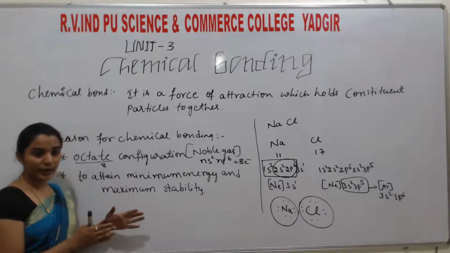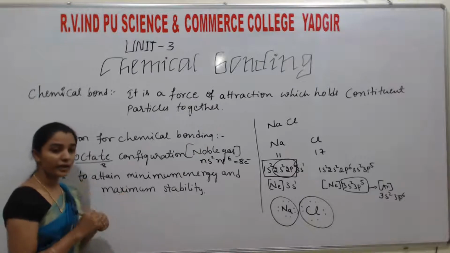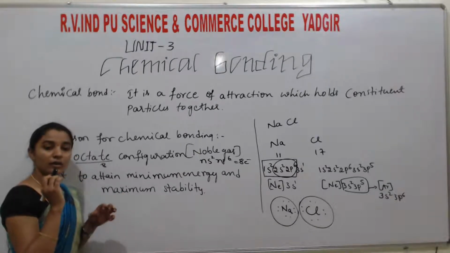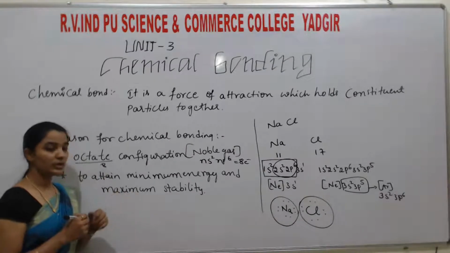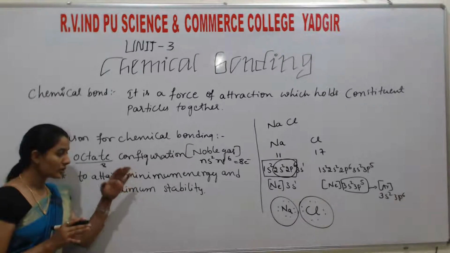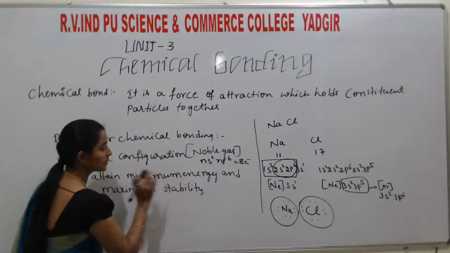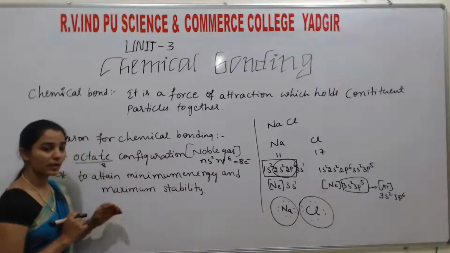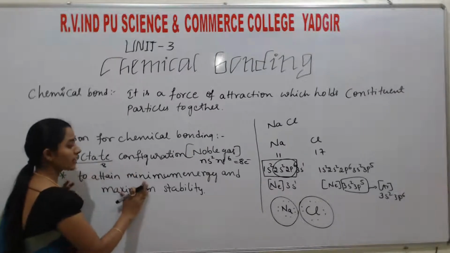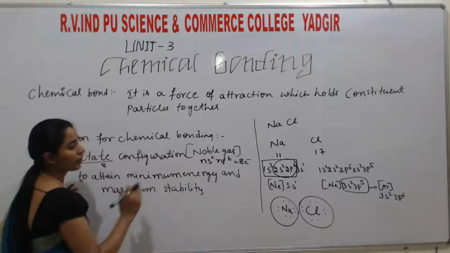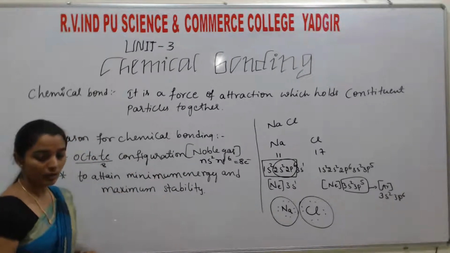An unpaired electron is highly energetic and unstable, whereas a paired electron has minimum energy and is stable. So to attain maximum stability, atoms bond with each other. This is the chemical bond.